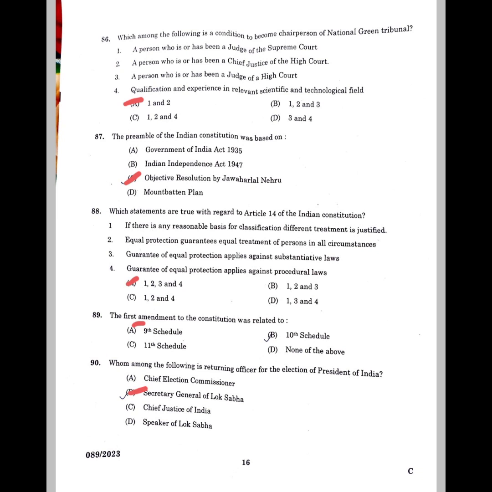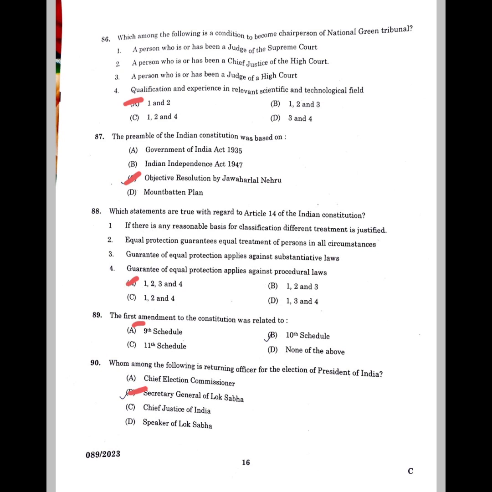And question number 87. The preamble of the Indian Constitution was based on, option C is the answer, objective resolution by Jawaharlal Nehru. Let's move on to question number 88. Which statements are true with regard to Article 14 of the Indian Constitution? Option A is the right answer.